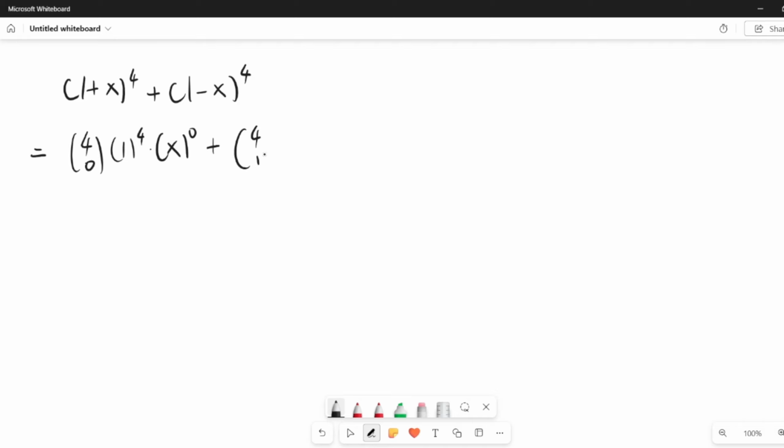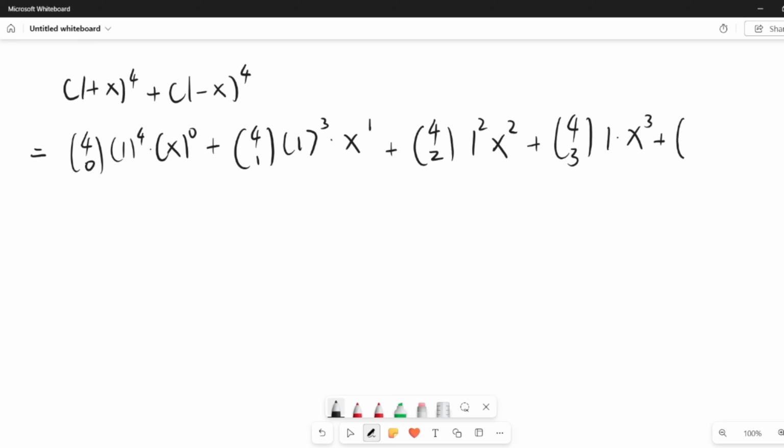Plus 4C1, 1 to the power of 3 times x to the power of 1, plus 4C2, 1 to the power of 2, x squared, plus 4C3, 1 times x to the power of 3, and plus 4C4, 1 to the power of 0, which is also 1, times x to the power of 4.